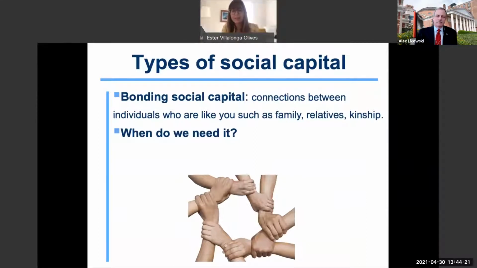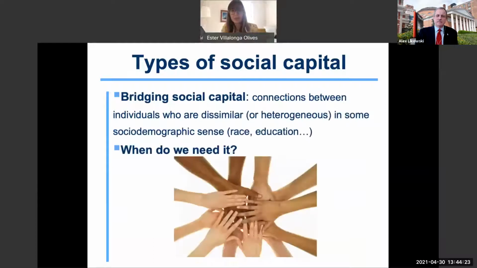But it's not that simple, because imagine that you have a group of people that is pretty homogeneous and doesn't mix with other groups.